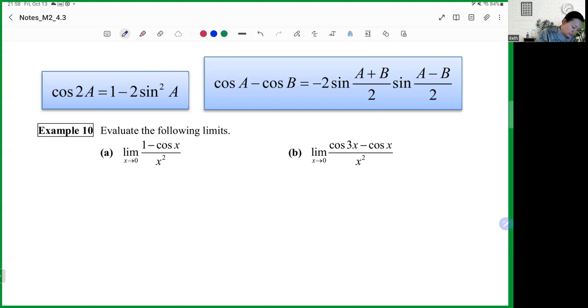So for this question, I don't want to write the question again, so I just say equal here. I'll keep this one and change cosine to 1 minus twice sine half angle squared.